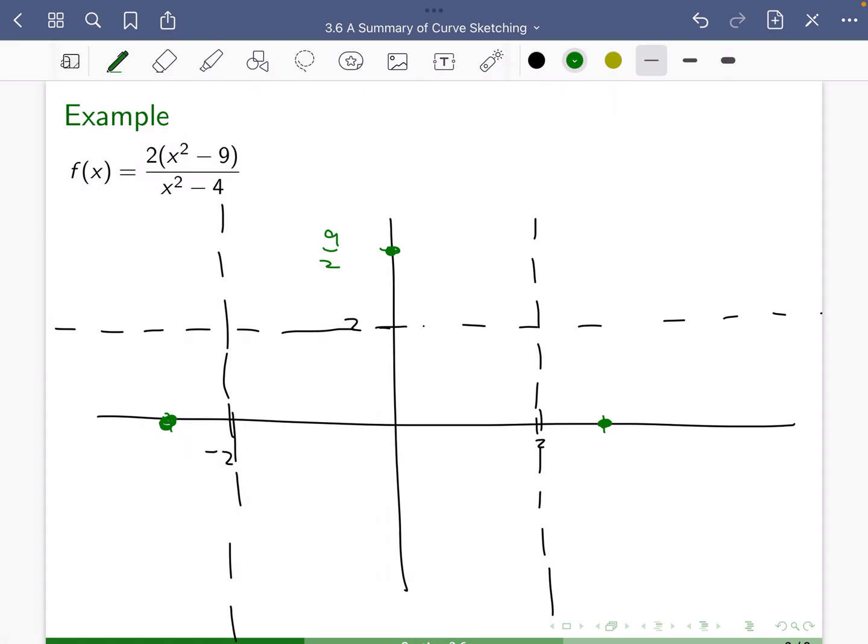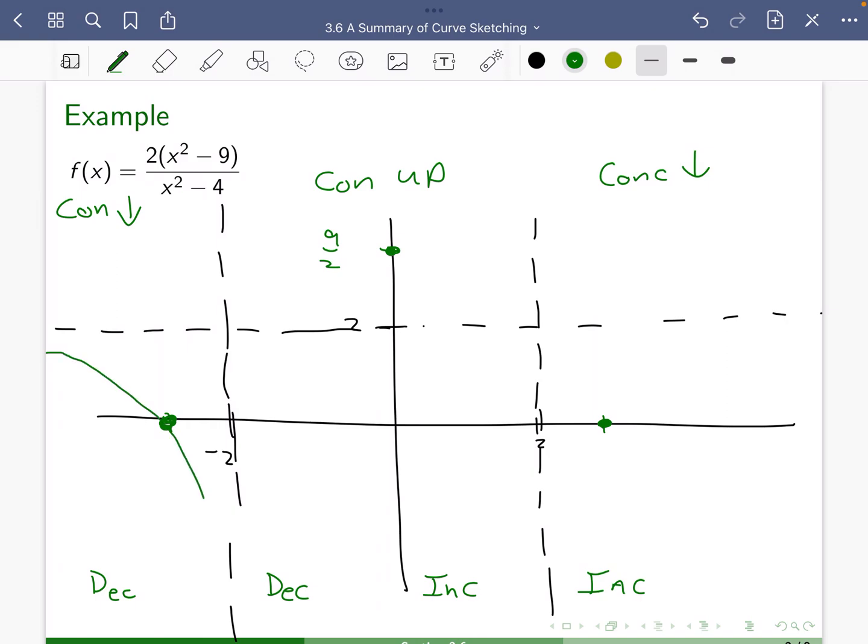We identified our function was decreasing here and here and increasing here and here. We had concave up everywhere from negative 2 to 2 and concave down outside of that. And so what we're going to end up with is, this is concave down and decreasing.